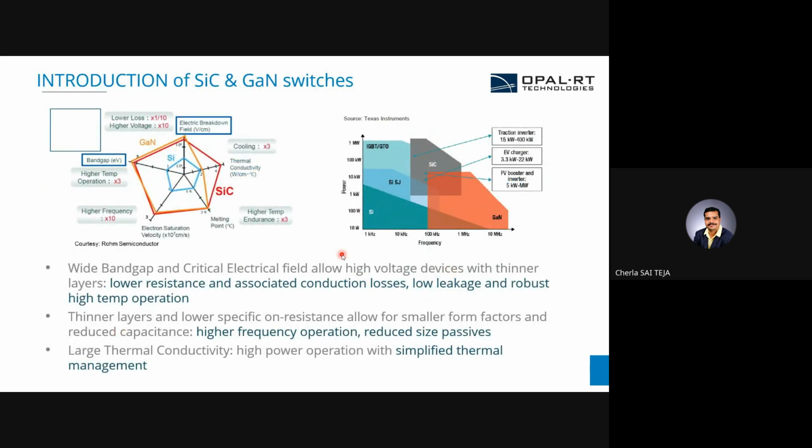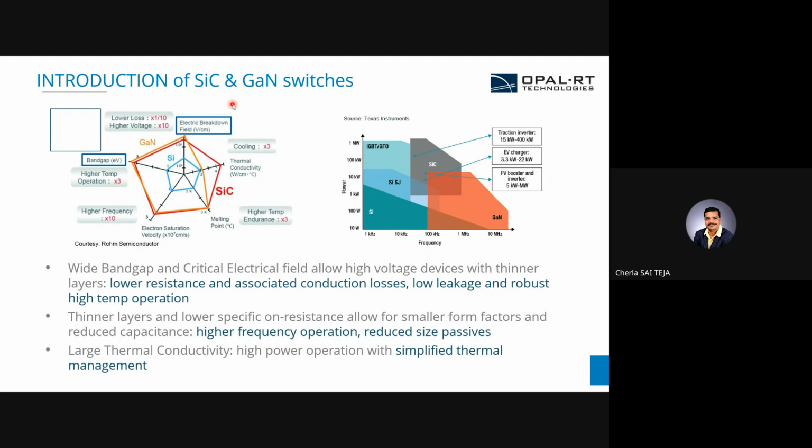Now, when I'm speaking about an onboard charger, we all know the trend is towards going for high switching frequencies. When I want to go for high switching frequencies, the physical material we are using for the switches should be able to operate in that region.